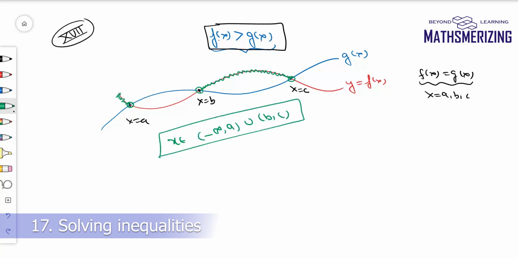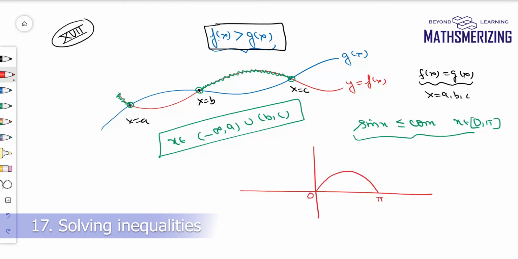Now say for example, sin x is less than or equal to cos x between 0 to pi. Between 0 to pi, this is the graph of sin x, and I'll draw the graph of cos x also. That is the graph of cos x, and the point of intersection is pi by 4.